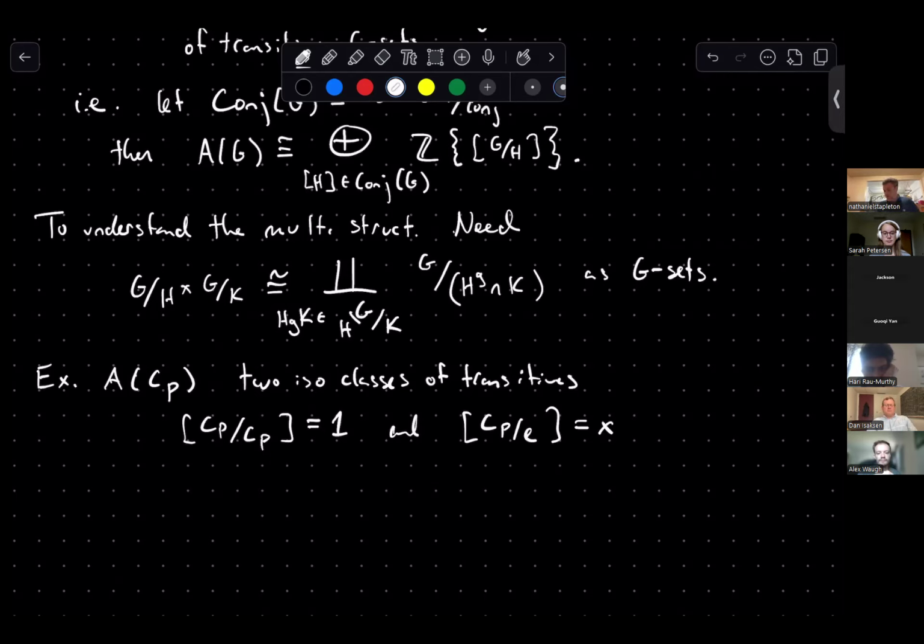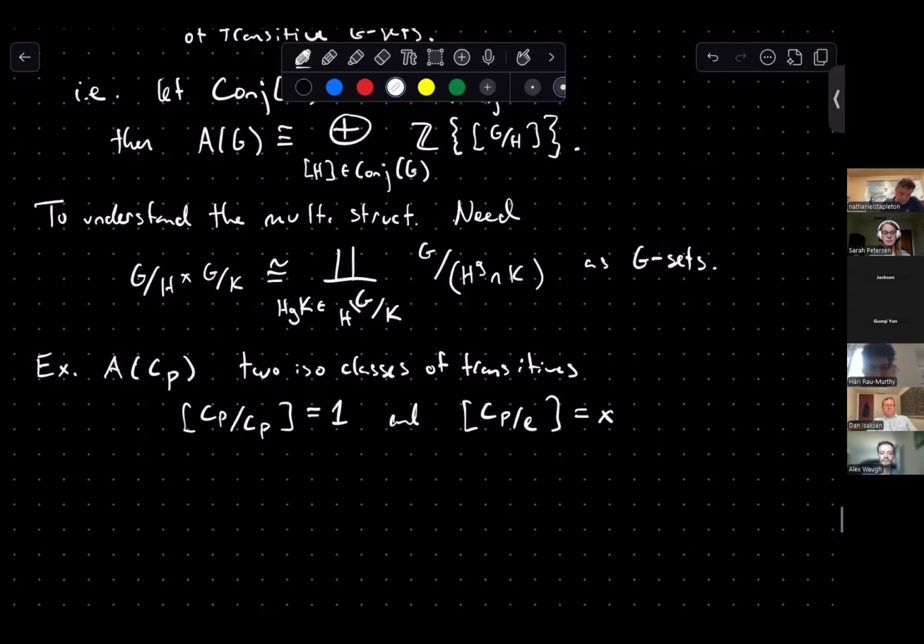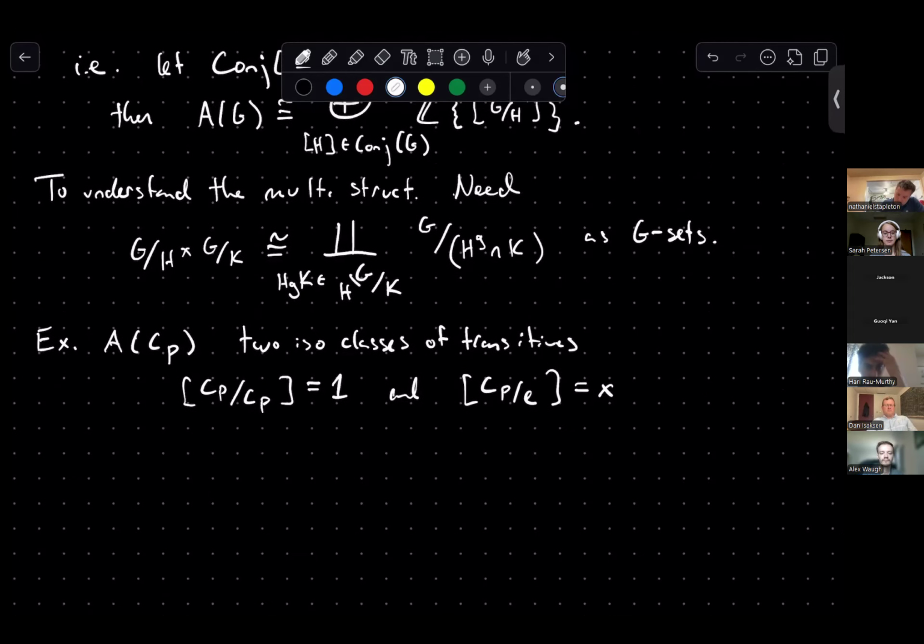And we want to know how to square X to give a presentation for this ring. And well, we just need to understand CP mod E times CP mod E, which you can understand lots of ways. So in particular, CP mod E is a free CP set. When you cross any G set with a free G set, you get a free G set, a disjoint union of free G sets.